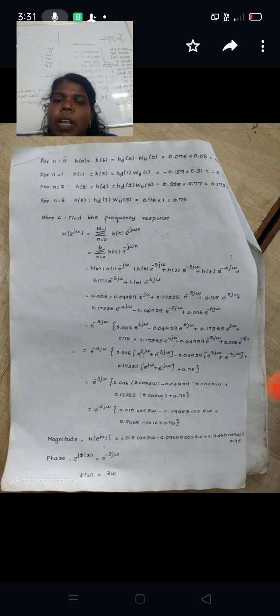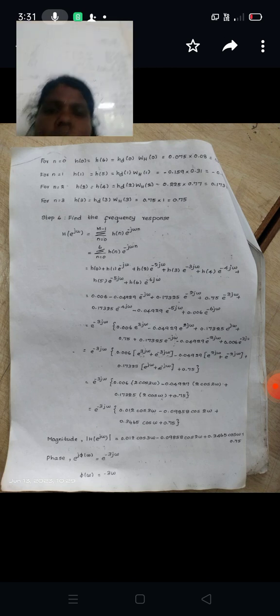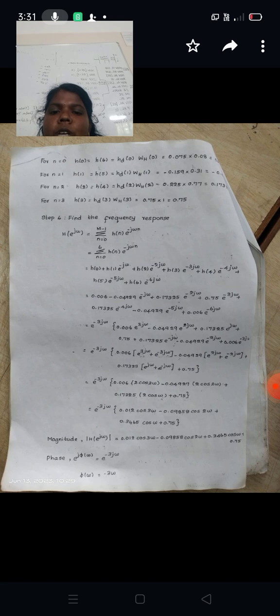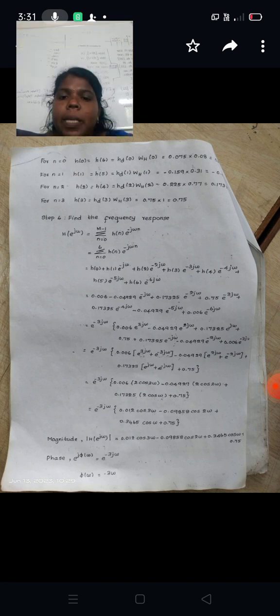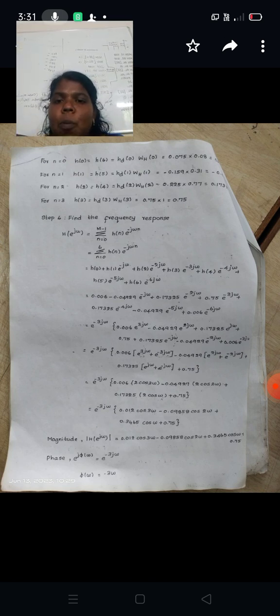Okay, so we got 0.006 minus 0.04729 e power minus j omega plus 0.17325 e power minus 3 j omega. Okay, by substituting all the values, here the common term is e power minus 3 j omega. Okay, take that common term outside.